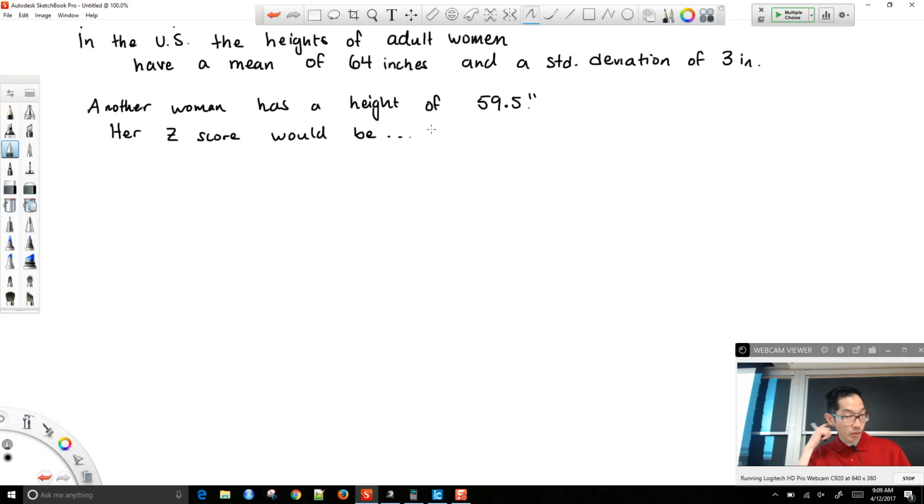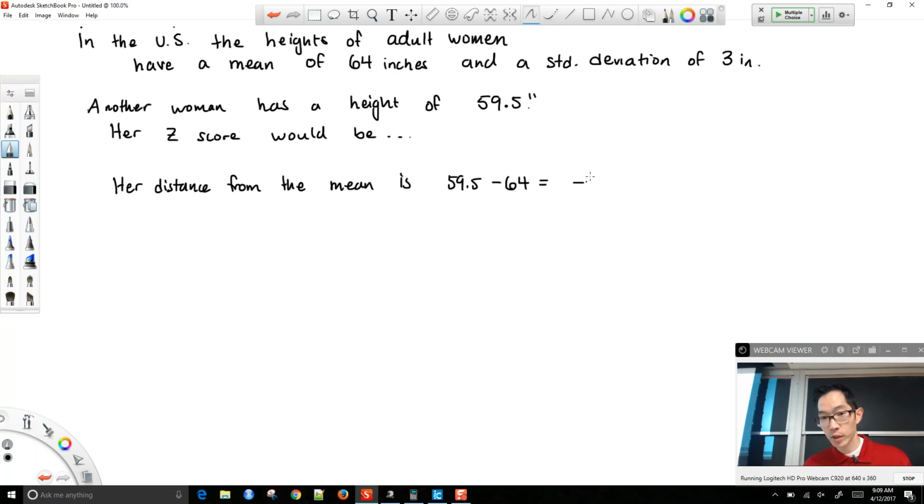Okay, so in this case, we would say, well, what is her distance from the mean? Her distance from the mean is 59.5 minus 64. This gives me negative 4.5. So she is 4.5 inches below the mean. Okay, so her distance from the mean is negative 4.5 inches. Each standard deviation is 3 inches.